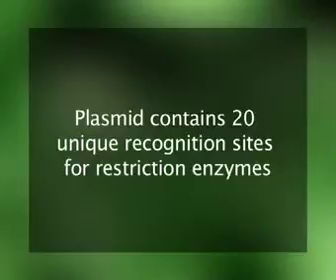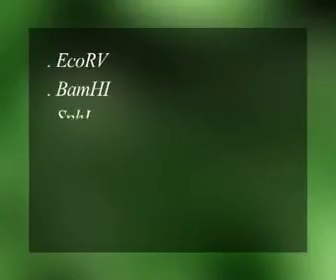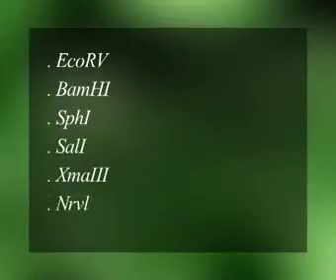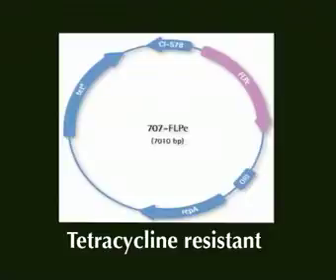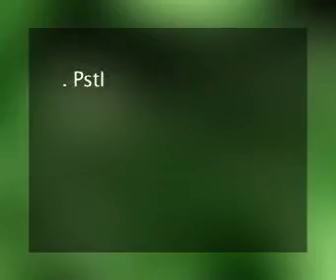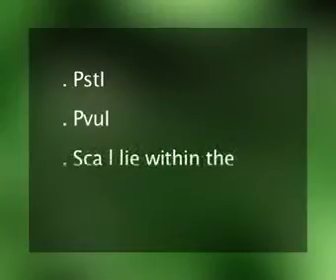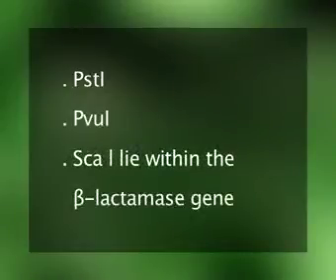The plasmid contains 20 unique recognition sites for restriction enzymes. 6 of these sites, that is EcoRV, BamHI, SphI, SalI, XmaIII and NruI, are located within the genes coding for tetracycline resistance. 2 sites for HindIII and ClaI lie within the promoter of the tetracycline resistance gene, and 3 sites for PstI, PvuI and ScaI lie within the beta lactamase gene.